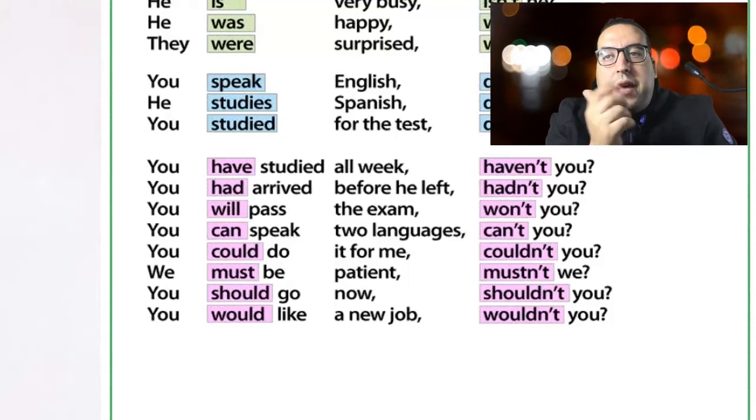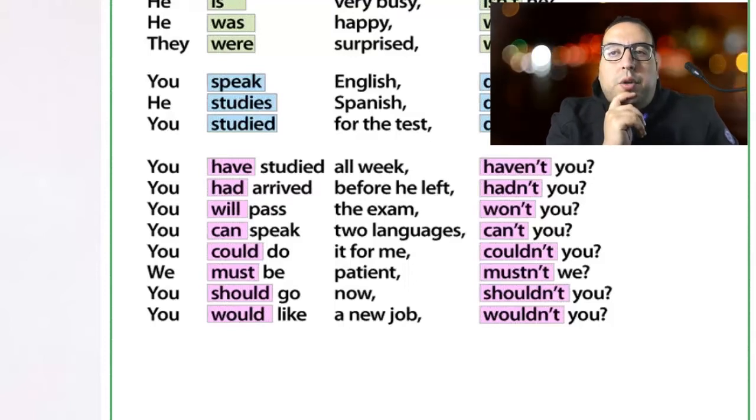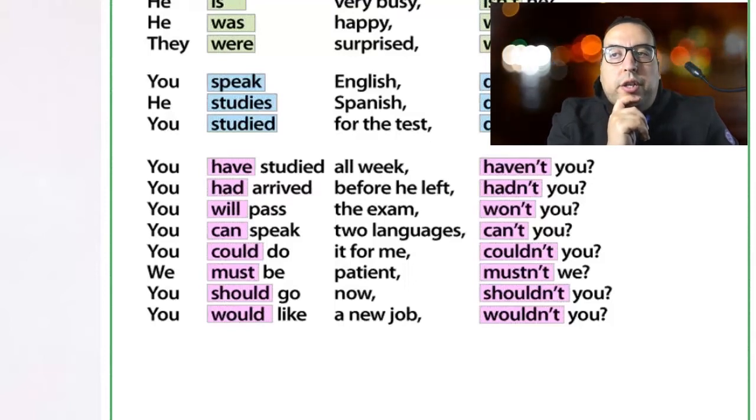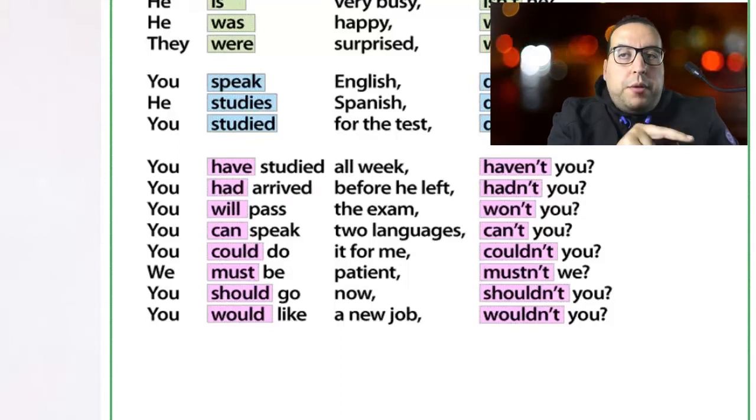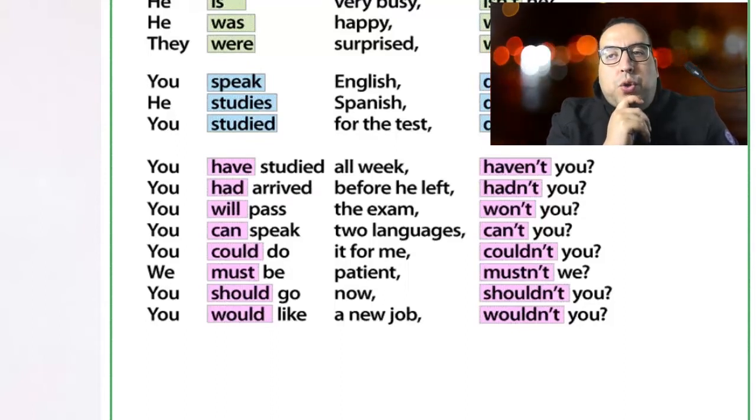So we have again, you could do it for me, couldn't you? So could, couldn't. We must be patient, mustn't we? So must, mustn't. You should go now, shouldn't you? Should, shouldn't. It's always the opposite or the negative form. You would like a new job, wouldn't you?